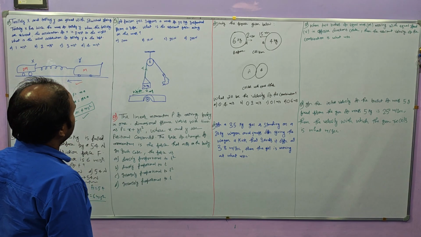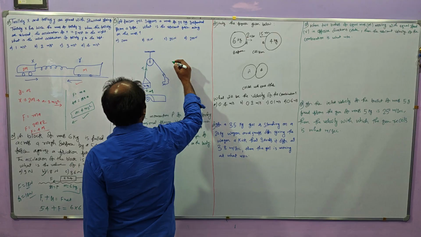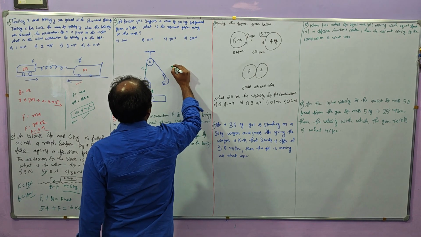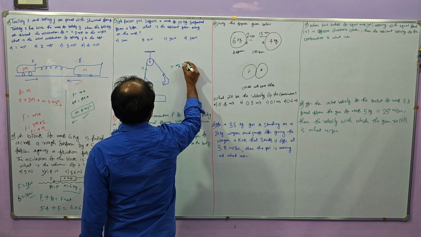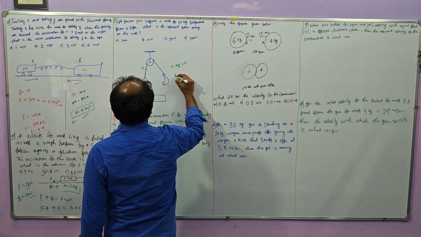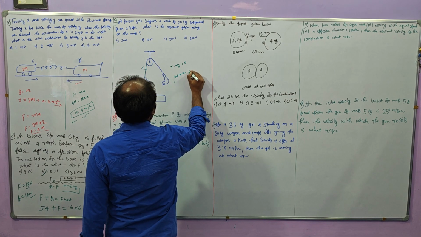There is no movement. So T minus mg is equal to 0. That means the resultant force, net force, is 0.